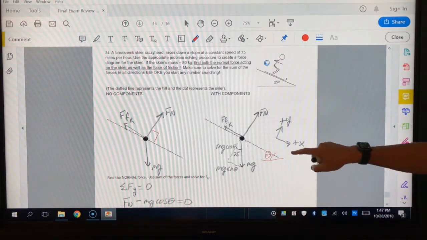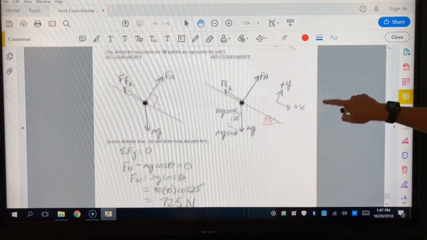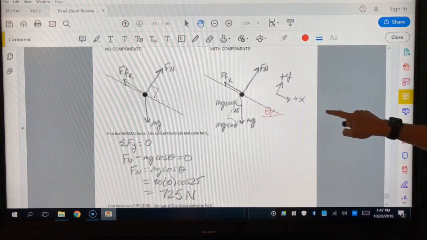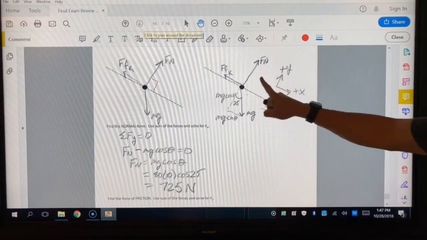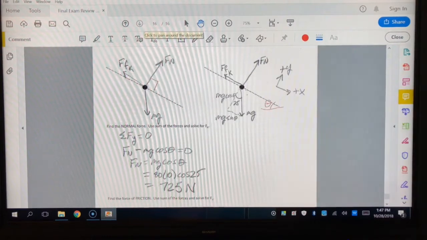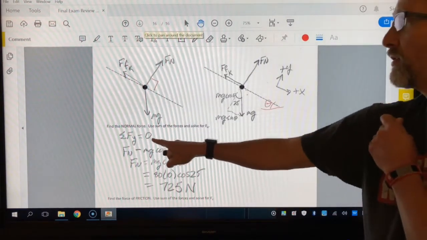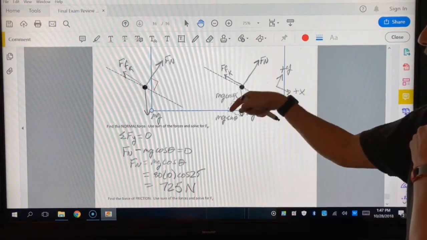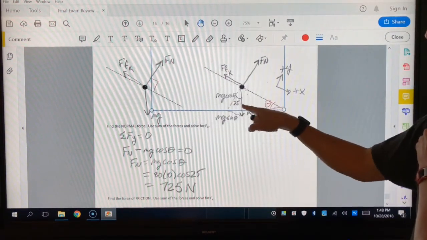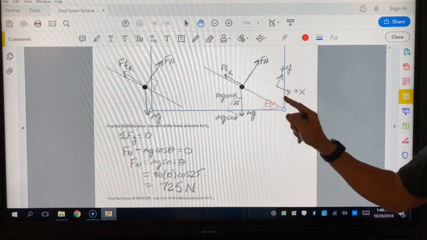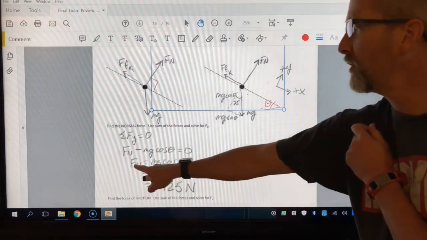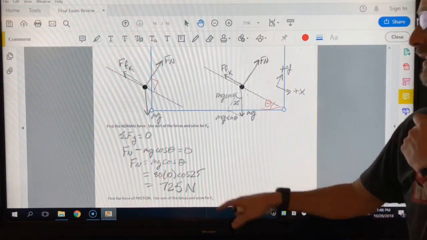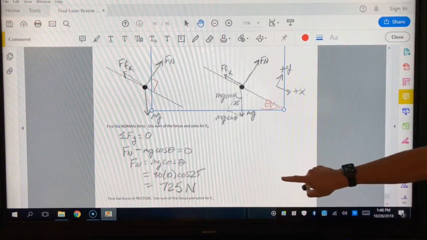So when we move this up, for the normal force, to find it, we're going to say that up is positive, down is negative. We know that the sum of the forces is 0, so we're going to take Fn minus whatever's going down, and notice that's mg cosine of the angle. There's nothing else going down. So the normal force is just mg cosine of the angle, plugged in the numbers, got the right number.